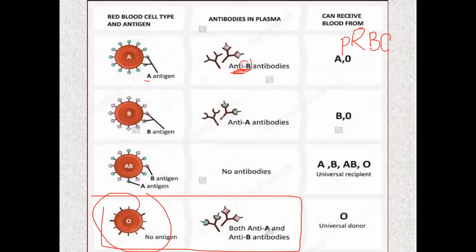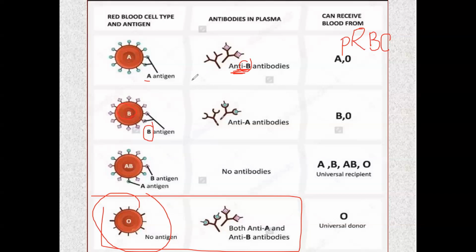So, si anti-B, wala siyang aatakihin or wala siyang ibabind. Kasi wala namang antigen si O. Ito, class, para mas malinaw. Paano kung si blood type A, nag-transfuse ka ng blood type B? Si blood type B, sa RBC surface niya, may B antigen.